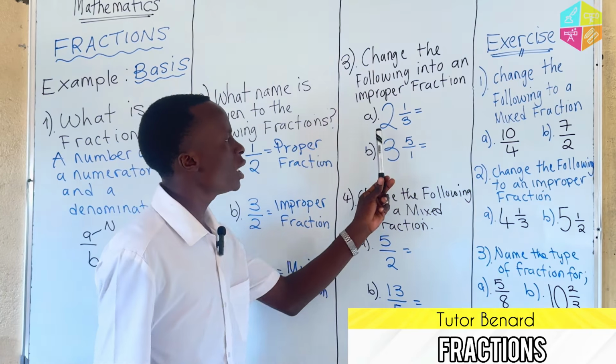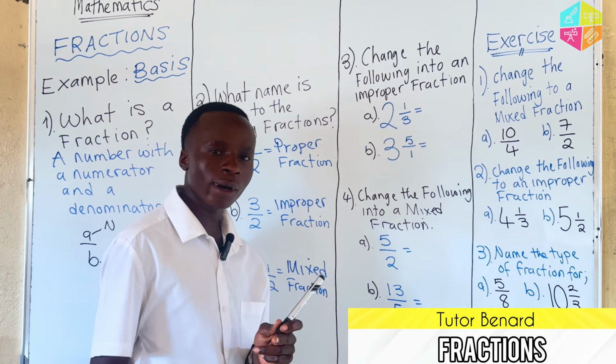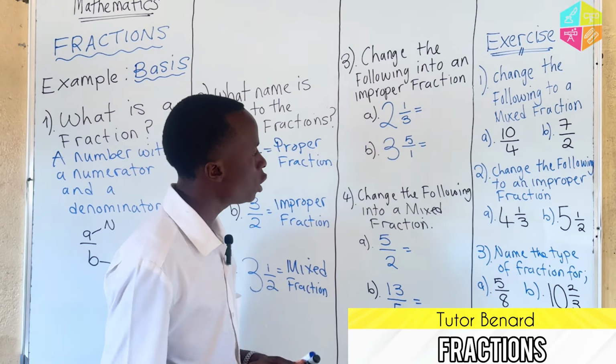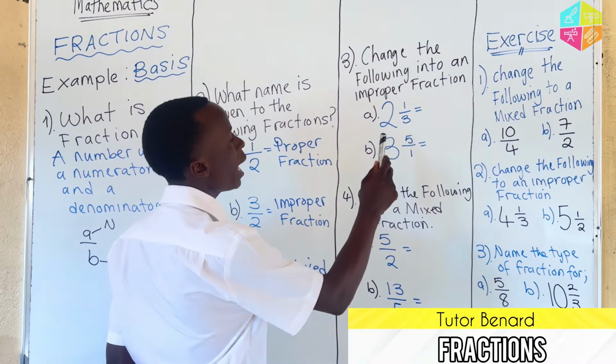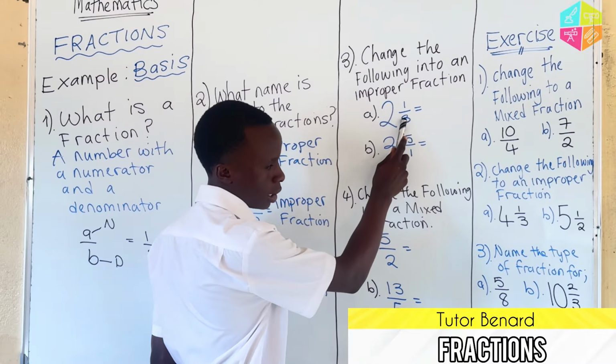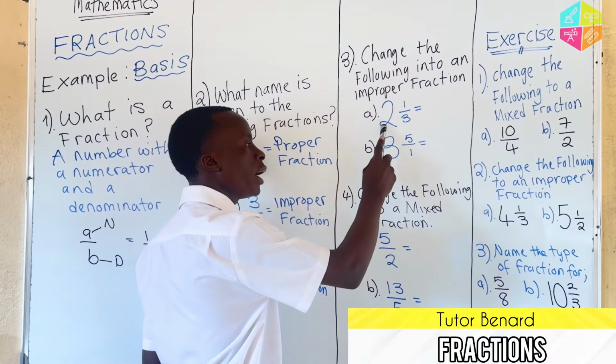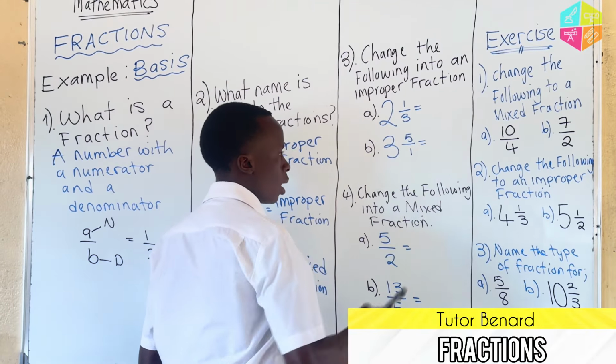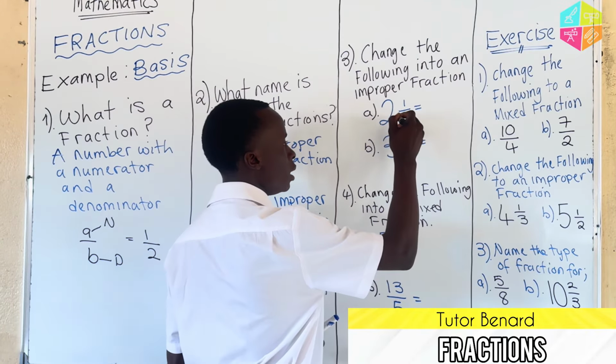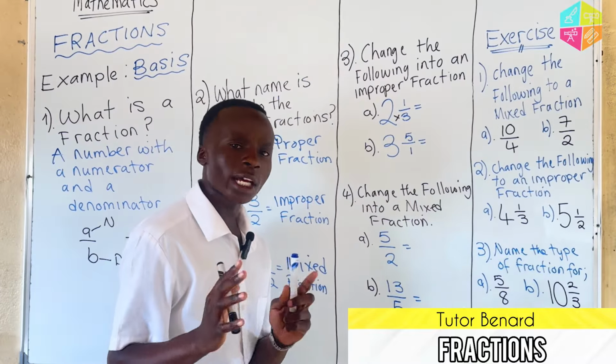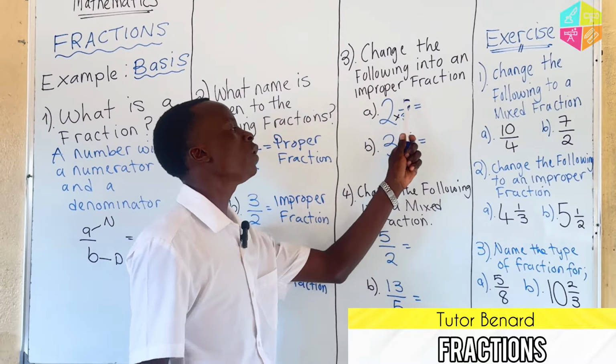Whenever you are changing a mixed fraction into an improper fraction, the first thing you need to do is multiply the whole number by the denominator. So you say 2 times 3, and then you add the answer to your numerator.